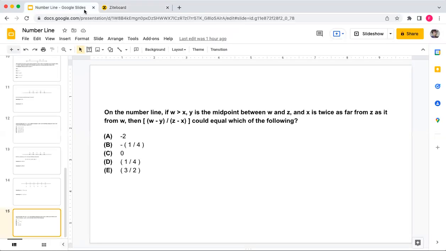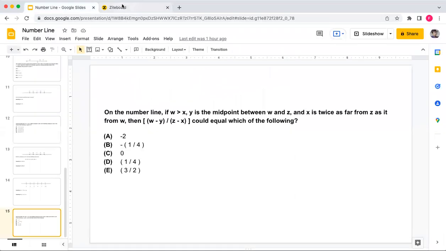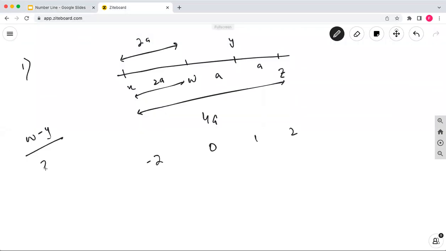The question is W minus Y divided by Z minus X. W minus Y will be 0 minus 1, and Z minus X will be 2 minus (-2). That will be -1/4. This is the first possible scenario.